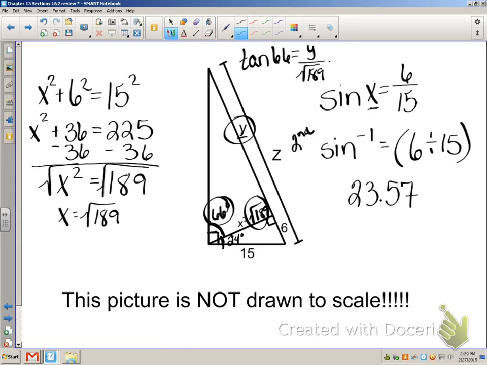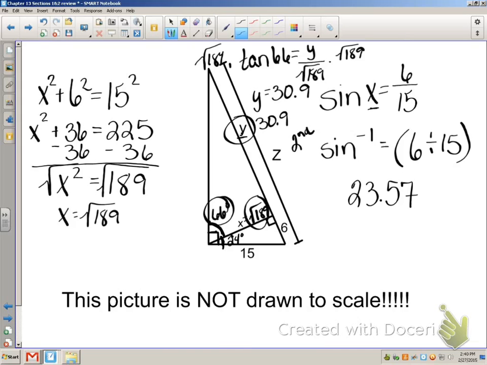In order to get y by itself, I'm going to multiply both sides by the square root of 189. The square root of 189 times tangent 66 gives me 30.87. So y equals 30.87. I'm just going to round that to 30.9.